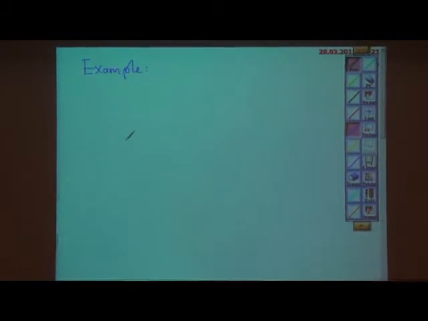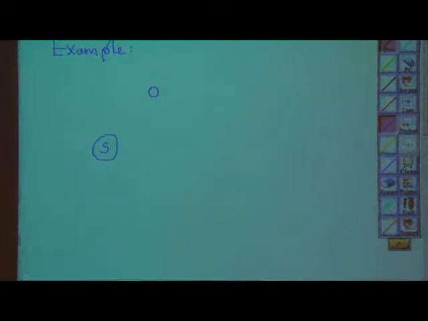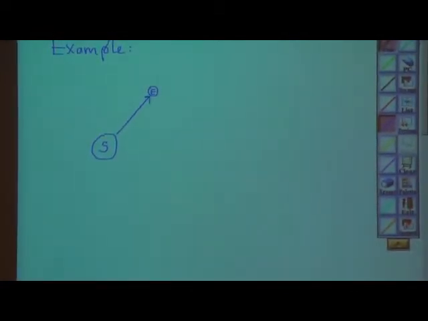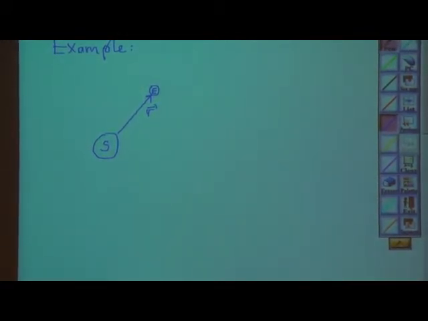Now here is the Sun again. Here is the Earth. Here is the position vector r. What is the angular momentum of the Earth?